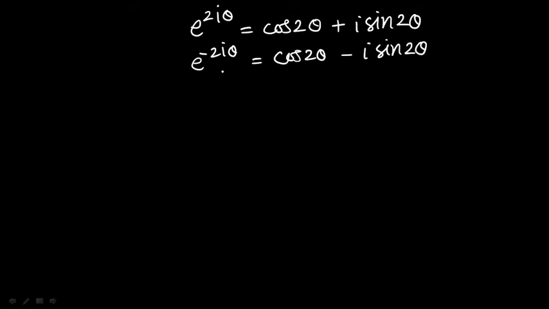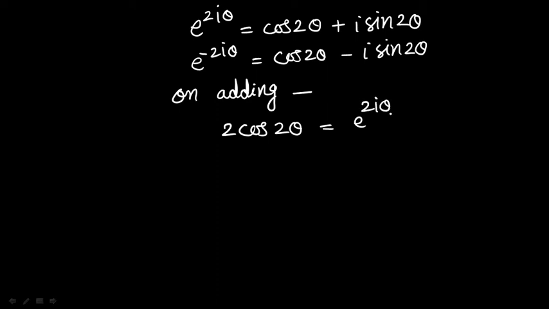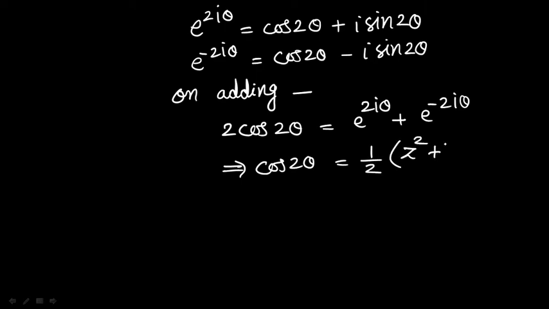If we add these two equations, we get 2 times cos 2 theta equal to e to the power 2i theta plus e to the power minus 2i theta. That means cos 2 theta equal to 1 by 2 of z square plus 1 by z square. This is equation number 5.